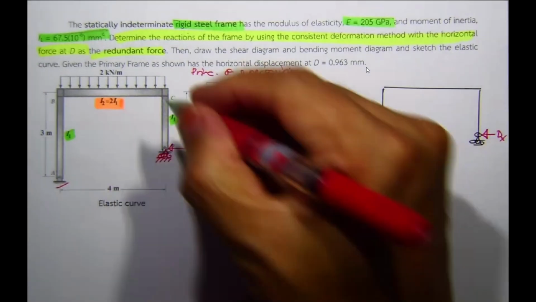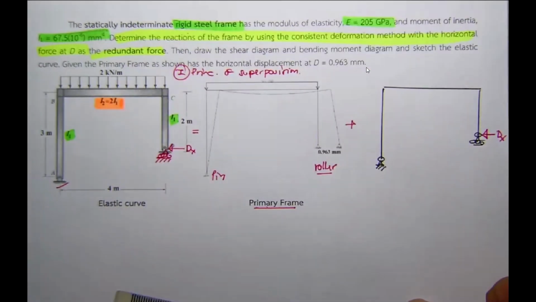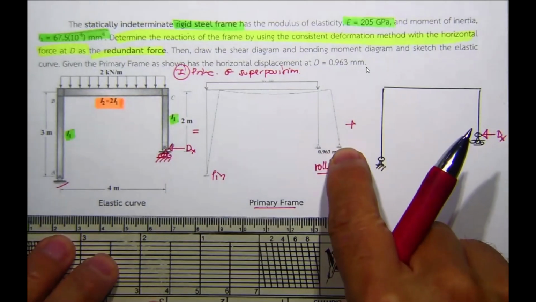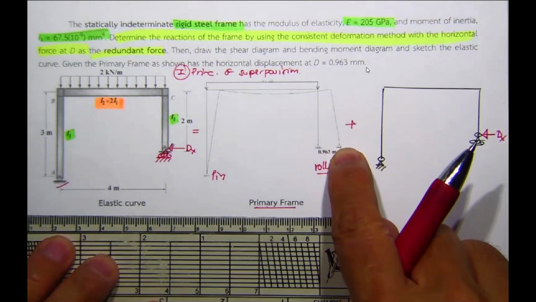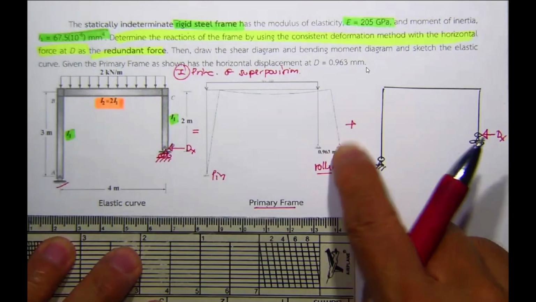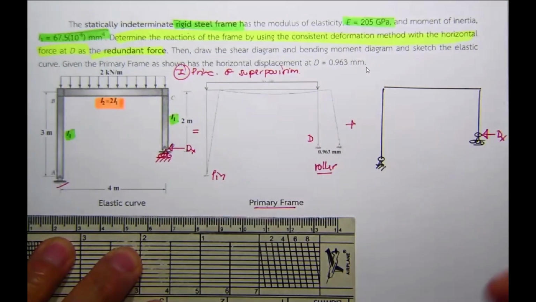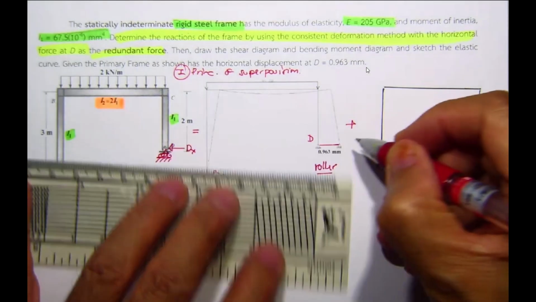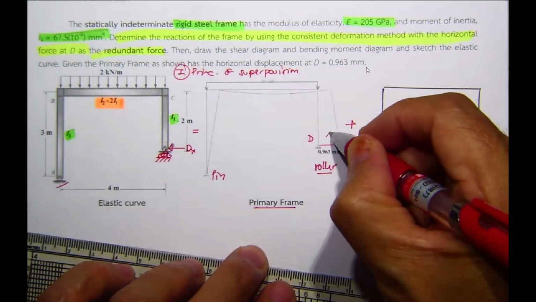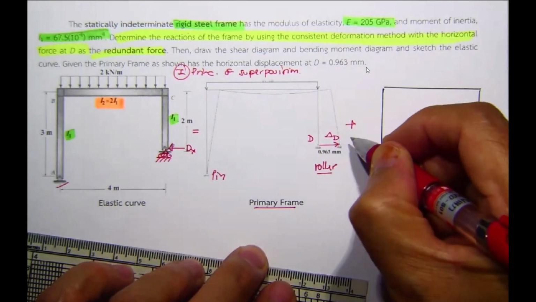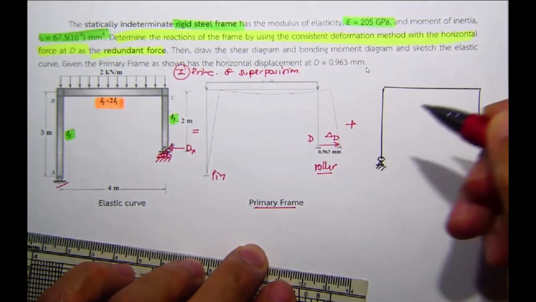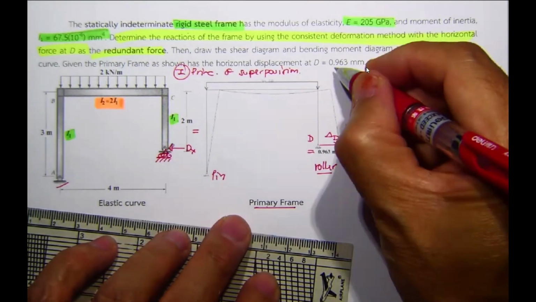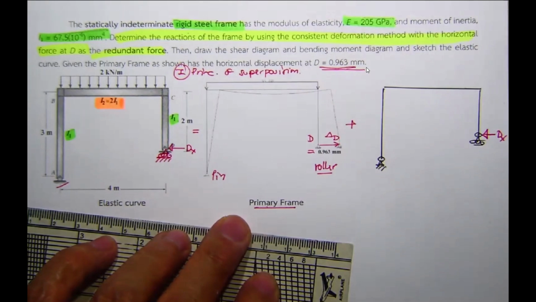Based upon these two frames, you may have the first frame with the elastic curve already. Since you use D sub x as the redundant, we get delta sub D, and this is 0.963 millimeter.